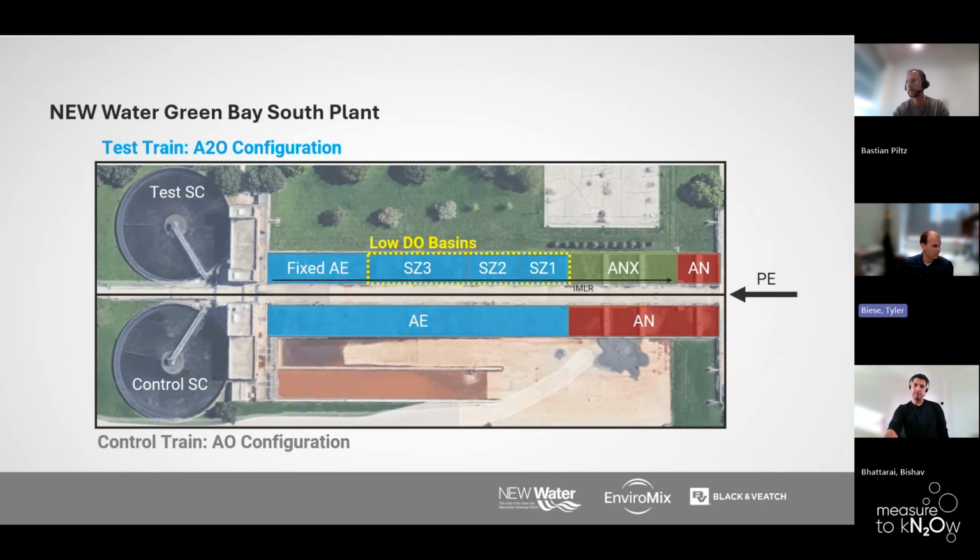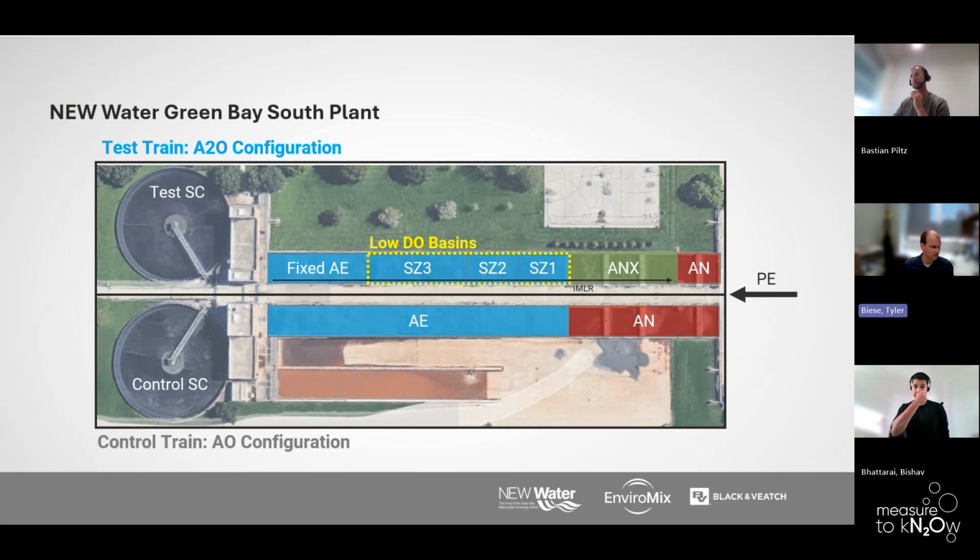So we installed the mixed liquor recycle pump, and as you can see in the top basin, which we call South Plant 1, that converted the system, the demonstration test basin, we call it, to an A2O process versus the control, which is an AO process. So the control system we kept at the historical aeration set points, which is around 3 milligrams per liter of DO in the control basin.